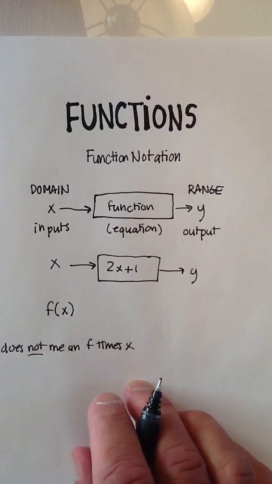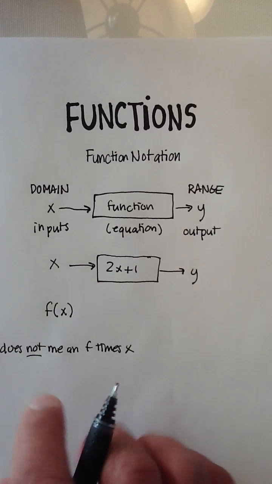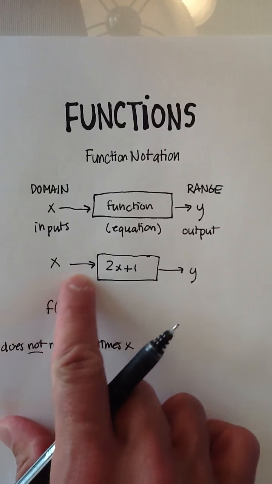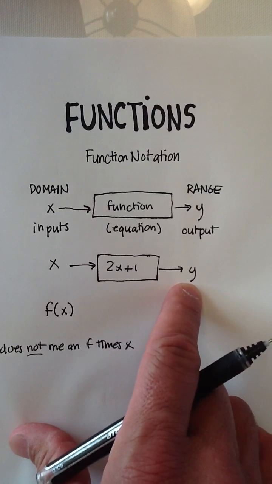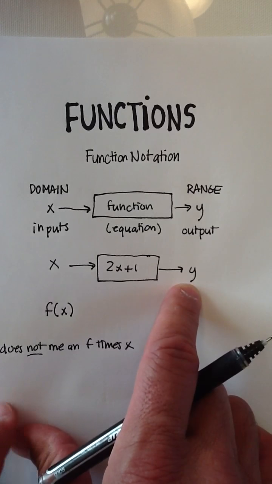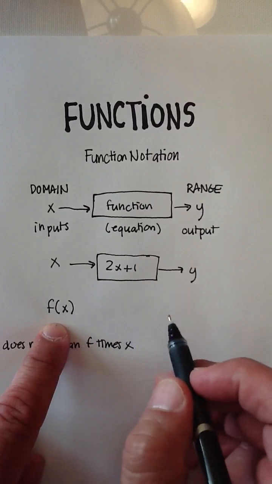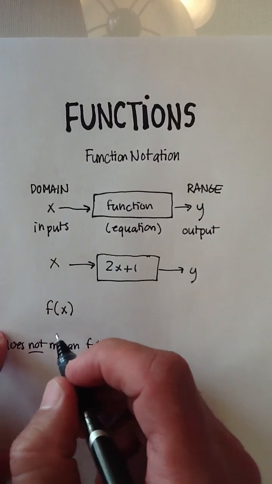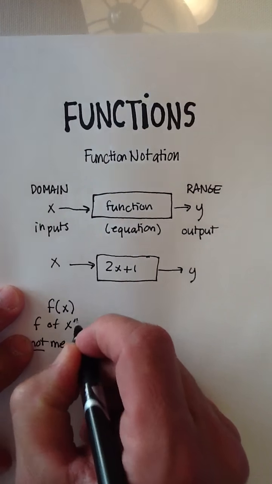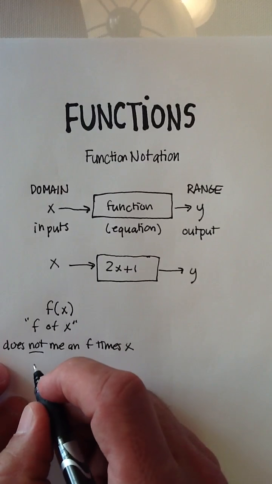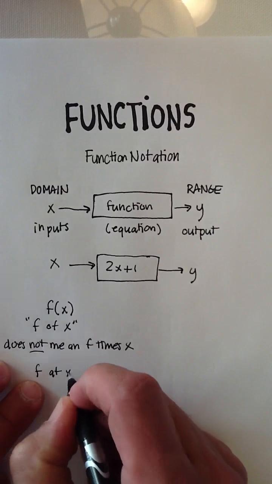Okay? The way you should read this is that there is an input x that needs to go into the function that will produce an output y. Okay? And that's how they write the input. So the way you would write this as an equation would be f of x, and that's how you would read that, f of x, or sometimes they will say the f at x, that's another way of saying that.